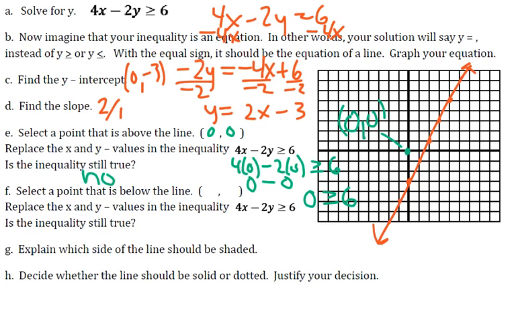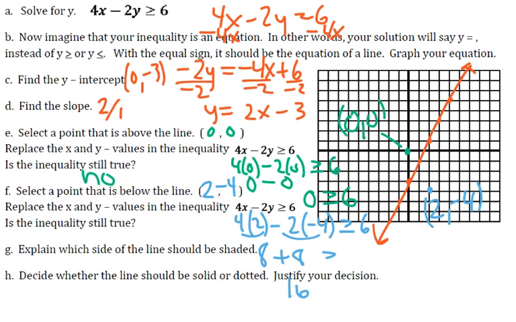Okay, then select a point below. Let's do this one. That's 1, 2, negative 4. So 2, negative 4. So 4 times 2 minus 2 times negative 4. Is that greater than or equal to 6? That's 8. That's plus 8. That's 16.